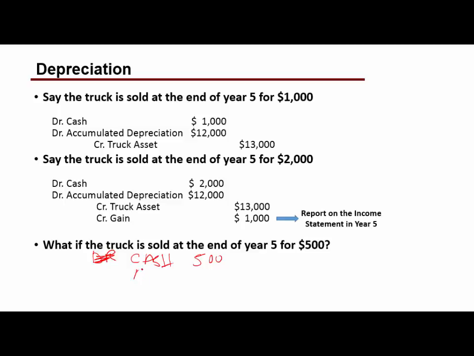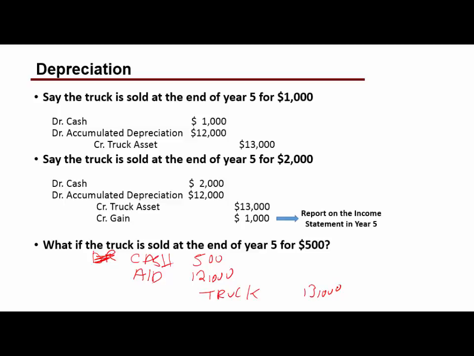So accumulated depreciation is going to be what? For $12,000 debit? Okay, good. What else? Credit the truck, for 13. Okay, good.